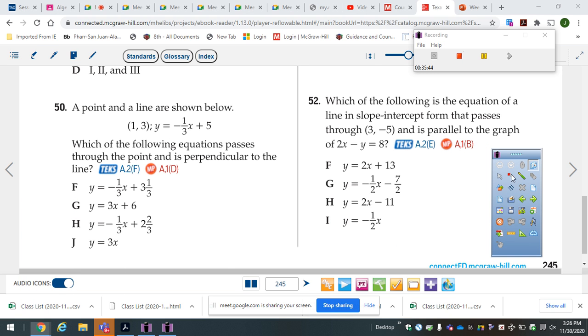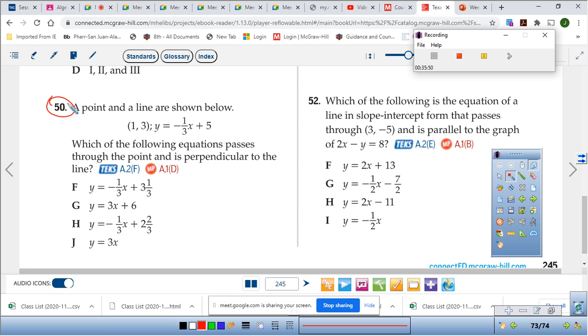You see it? This is practice number 50. A point and a line are shown below. So here's your point. Here's your line. Which of the following equations passes through the point and is perpendicular to this line?